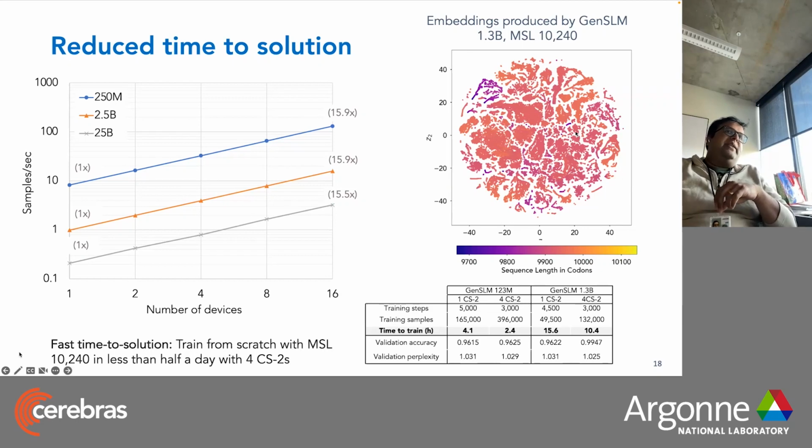This density plot represents all the codons, all the sequences, colored by sequence length. When you increase the number of devices, as you see on the left-hand side, and as you increase the number of parameters, the time to solution goes down significantly. With a larger number of devices, you're able to accommodate a much larger sample size, and that lets us train on the entire set of genome sequences in less than half a day.